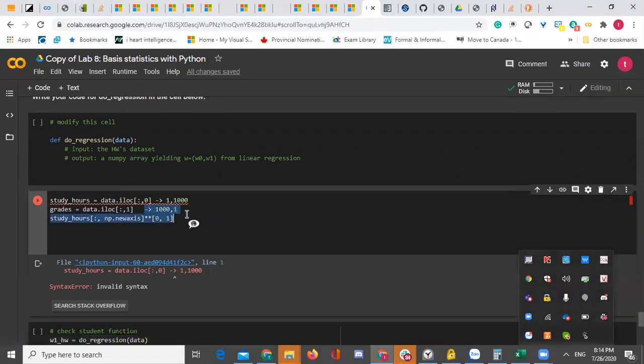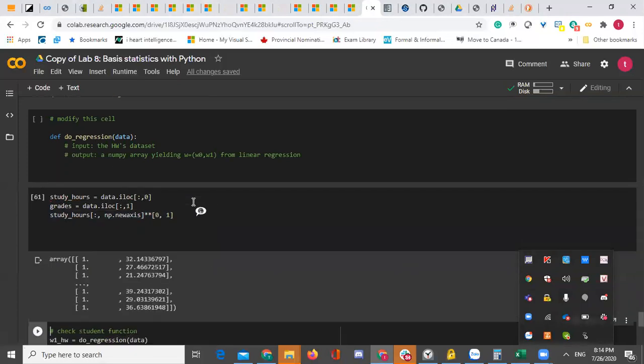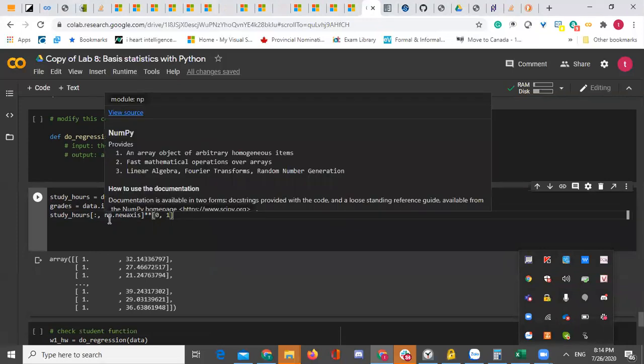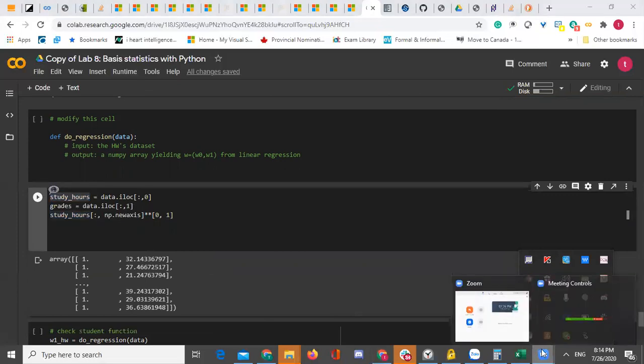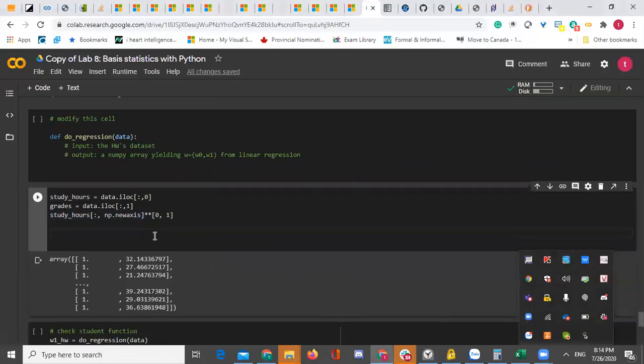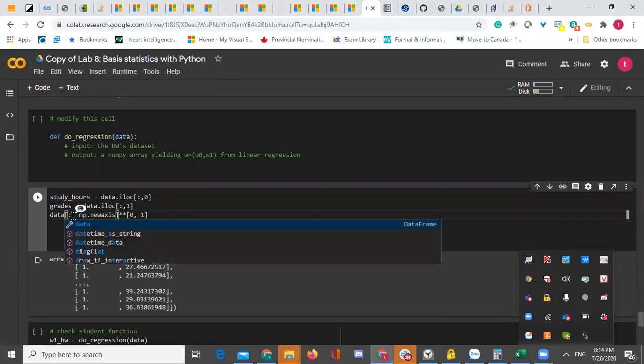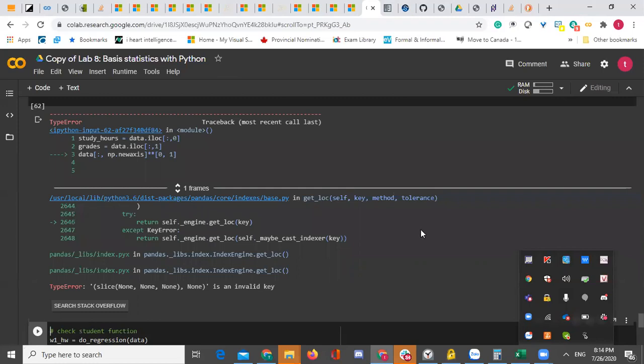You should assign it to a vector, a variable. The study hours is your data. Yes, it is this one, right? This is my study hours. No, the last line you should use is the data. Regression data. Oh, so I should use the regression data. Okay. No, not like this.